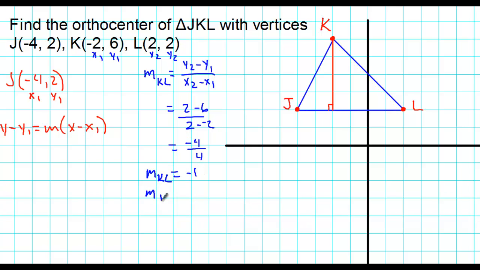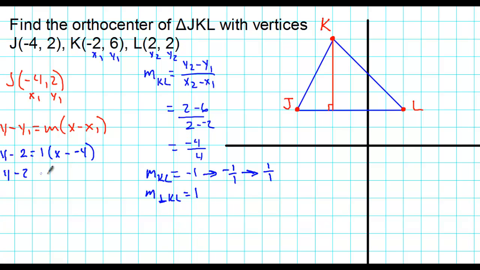The slope that's perpendicular to KL is not -1. Remember, to do perpendicular slope, I take the slope of my segment, KL, and I flip and switch. So I'm going to turn it into positive 1 over 1. So the slope that's perpendicular to KL is 1. So I come over here, y minus 2 equals 1 times x minus -4, because x1 is -4.